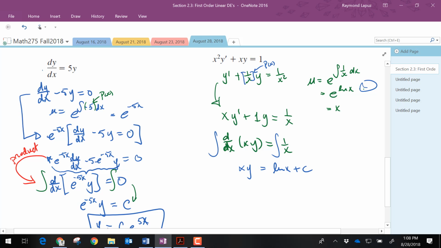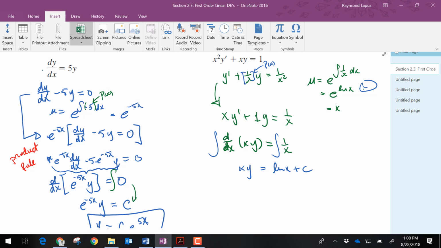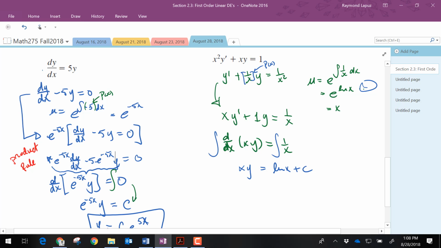Actually, the arrow should be going the other way. So this is actually a product rule, and we're going backwards from a product rule.